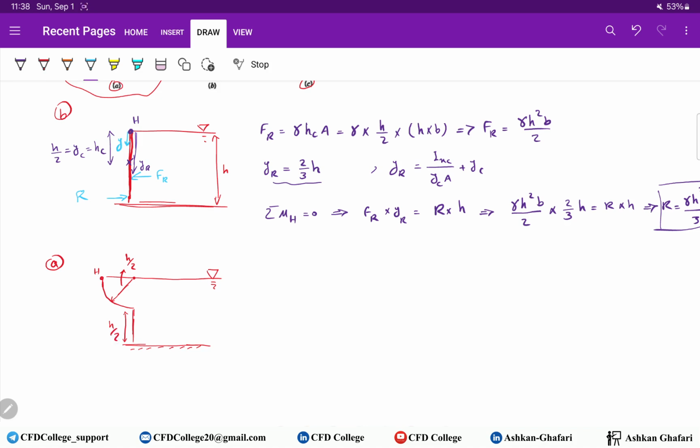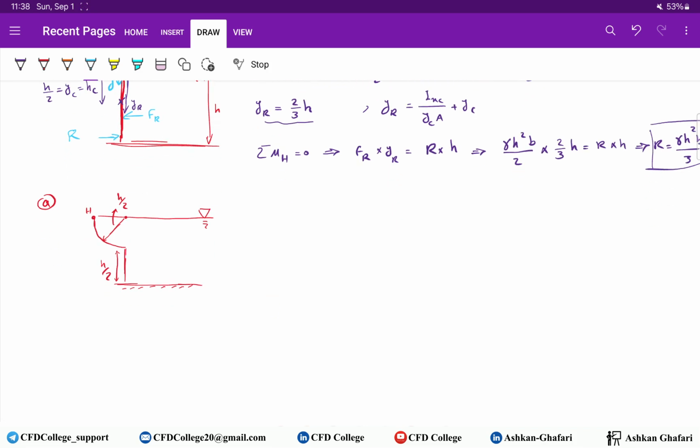Okay, to solve this, we have three actually different ways. One is to consider two forces for this quarter circle, horizontal force and vertical force, and then consider Fr for only the vertical part.